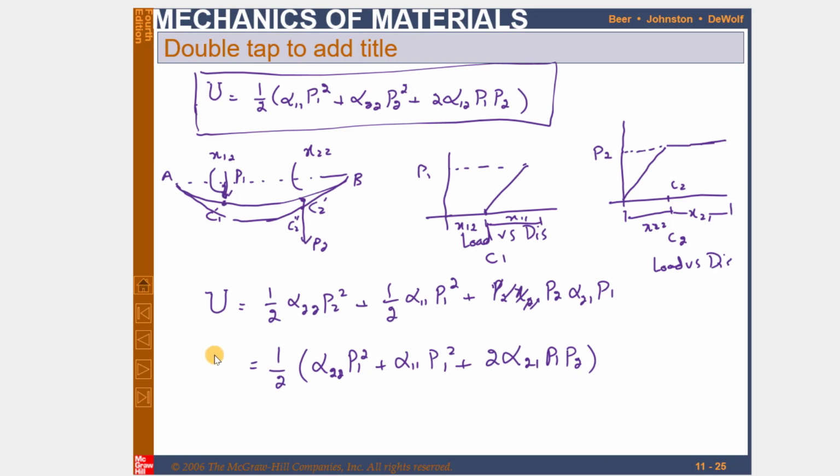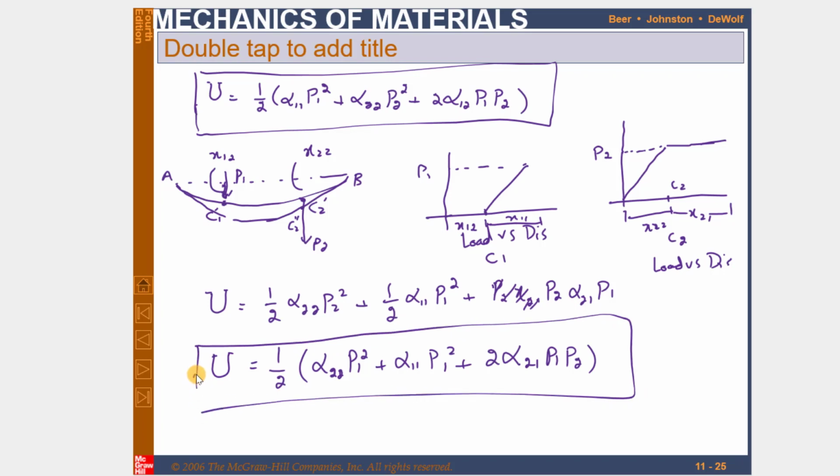Now this is the total strain energy equation when you initially applied a load of P2 and then P1. Initially this was for the load P1 applied first and then P2. Both equations are the same, and you will further see that A21 is equal to A12 by a theorem known as Maxwell reciprocal theorem.